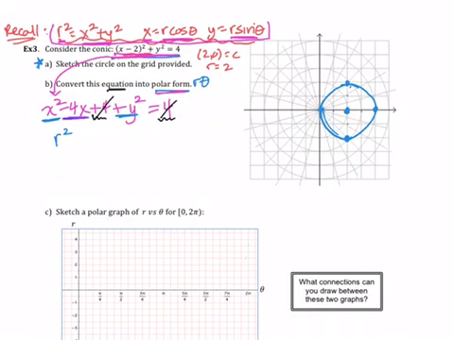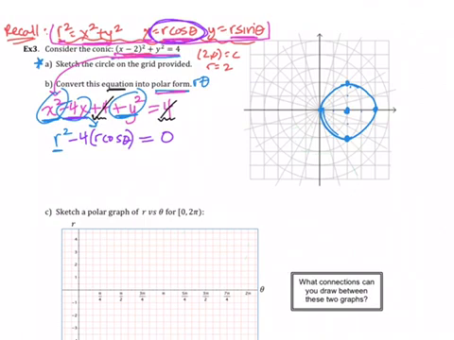I'm going to take that and make it minus 4, and now instead of x, I'm going to put in r cosine theta, and that all equals 0. So my x squared plus my y squared equals r squared, and my negative 4x I replace with negative 4 r cosine theta.